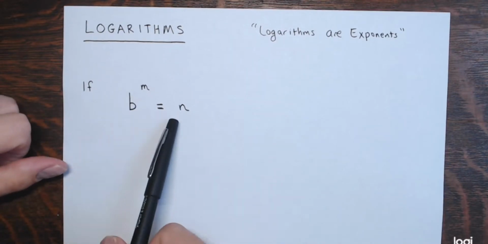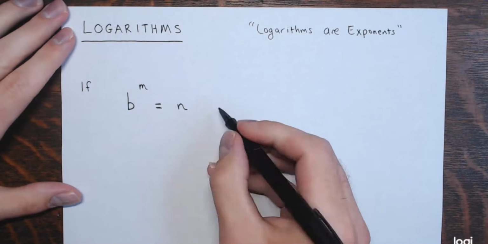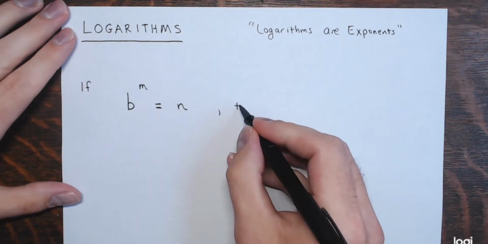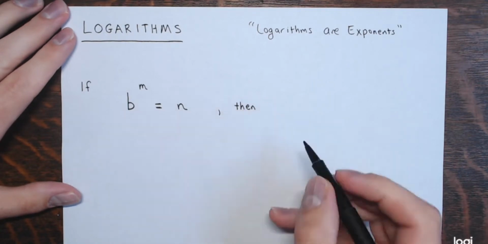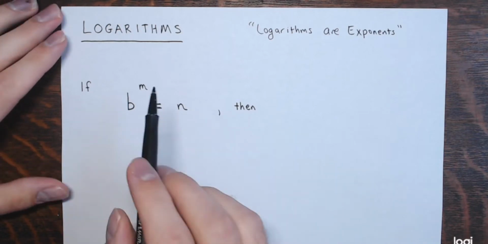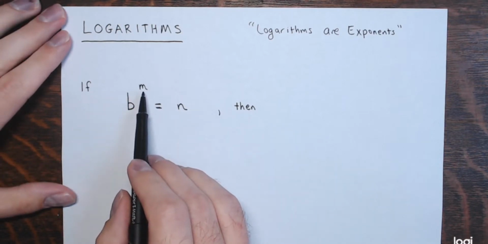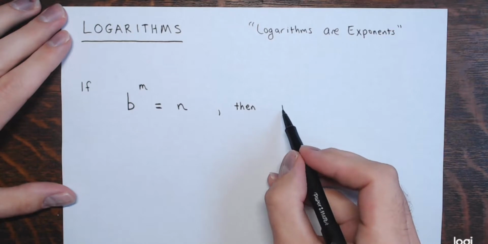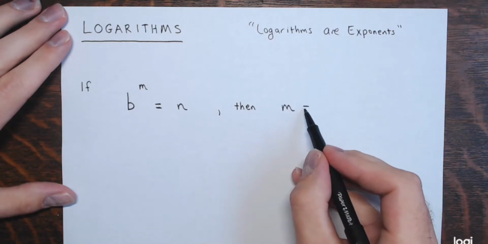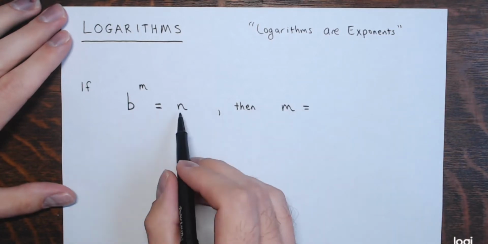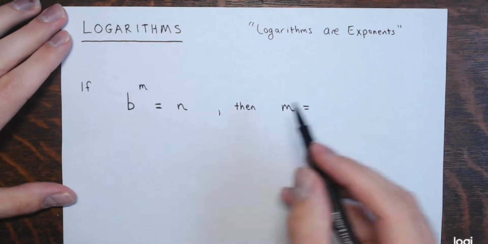So this is an exponential statement. Then we would say that the exponent m is the logarithm of n base b.